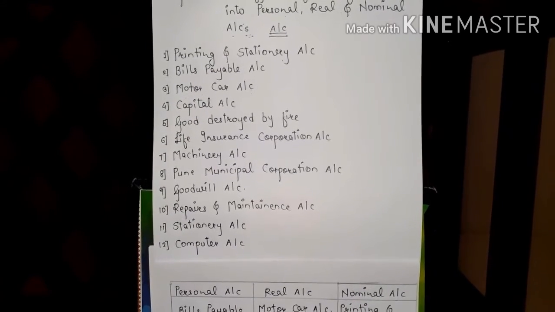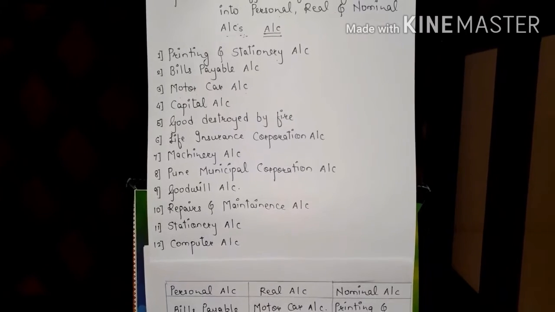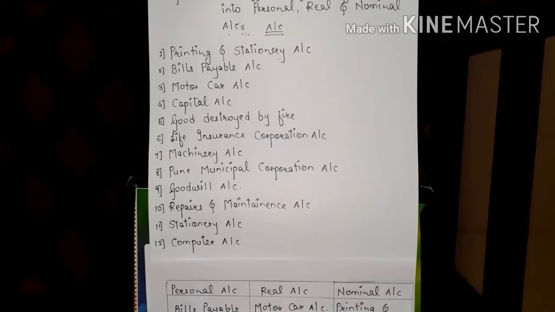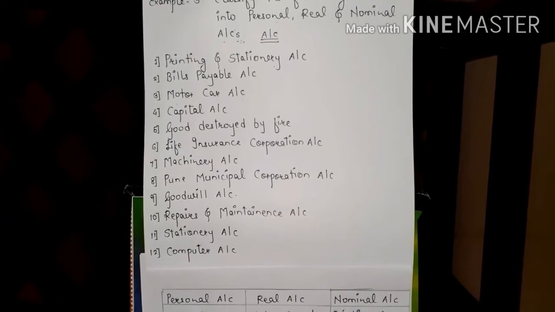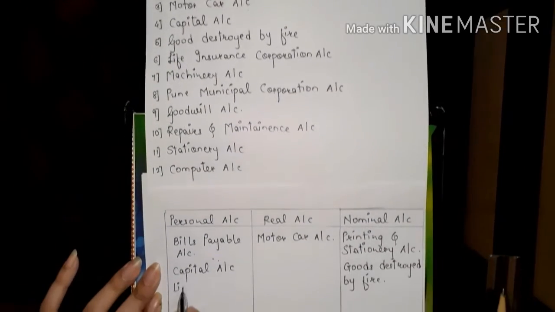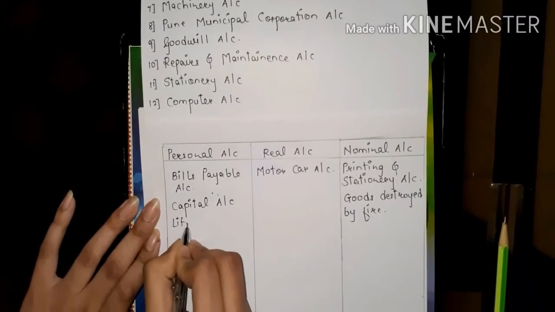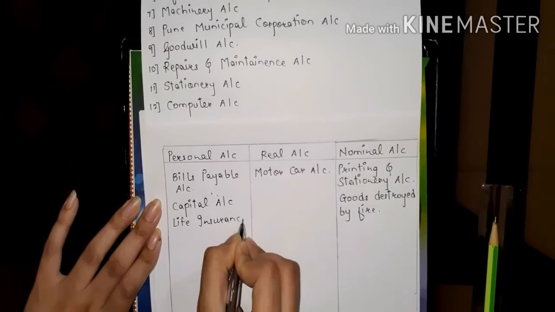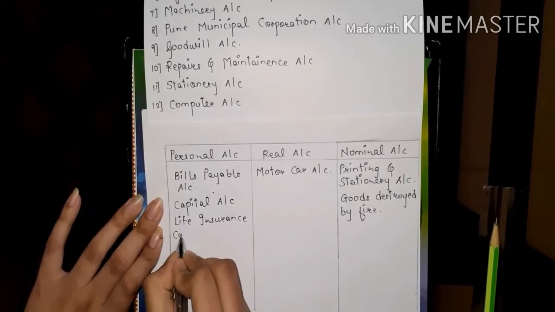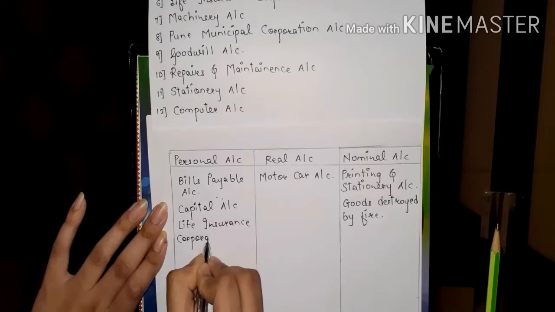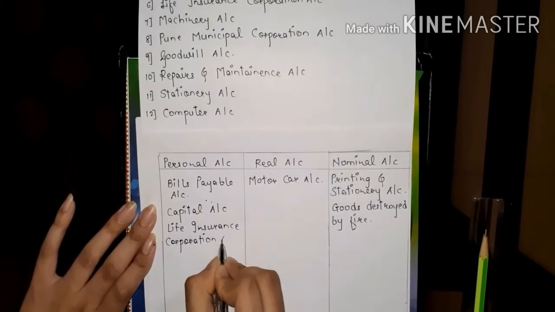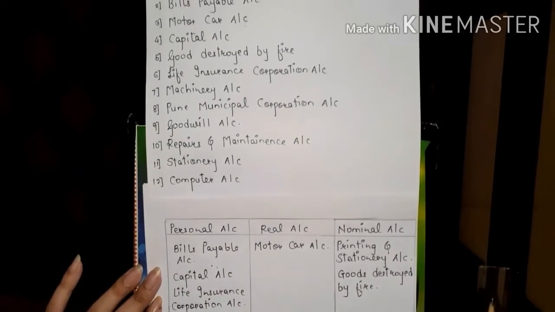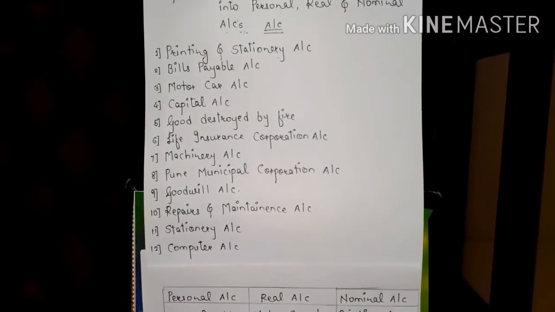It is the company's personal account, because the company's life insurance is being formed over here. So it will fall under personal account. Life insurance corporation account. Because the company has taken out the life insurance. Okay. So it will fall under personal account. I hope you are understanding it.